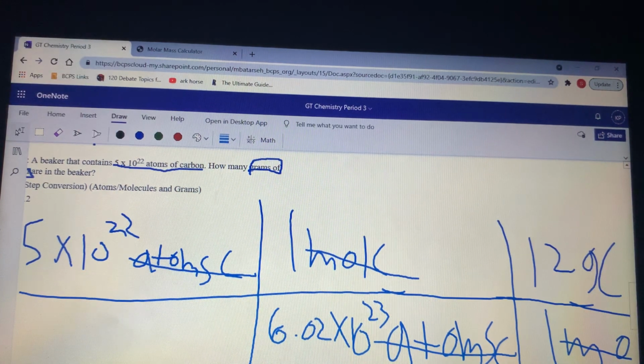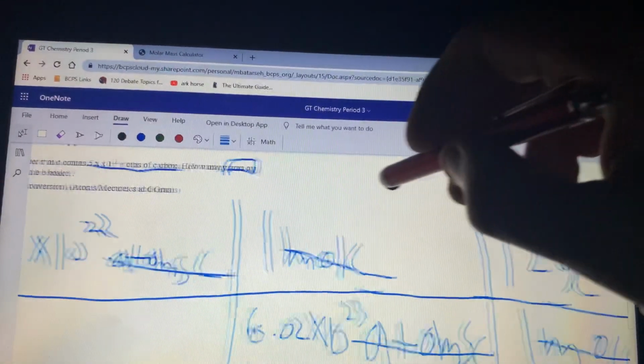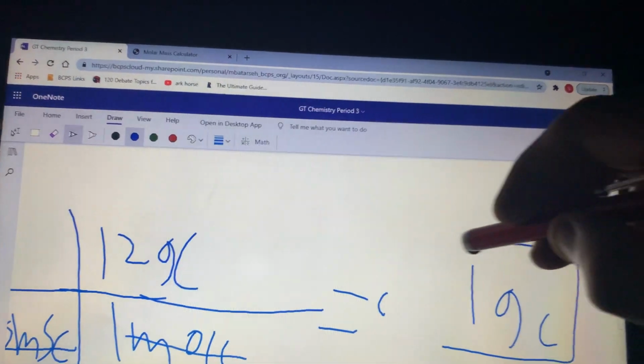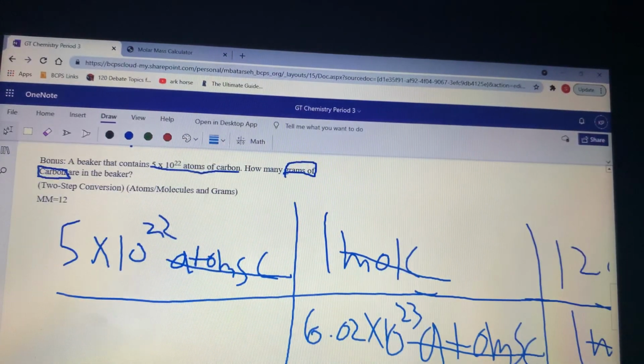You could do this on the calculator or in your head, either way you get 6 times 10 to the 23rd on top, over 6.02 times 10 to the 23rd on the bottom, which, rounded, is approximately 1 gram of carbon. So if someone walks up to you on the street and says, I have a beaker with 5 times 10 to the 22nd power atoms of carbon, how many grams is that? You'll know that's 1 gram.